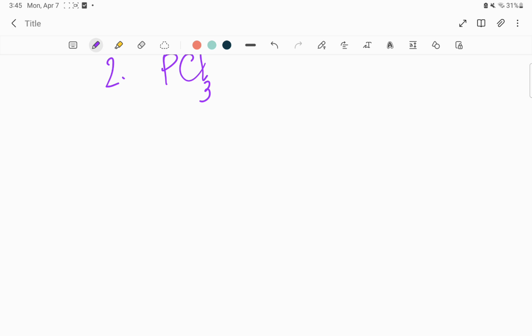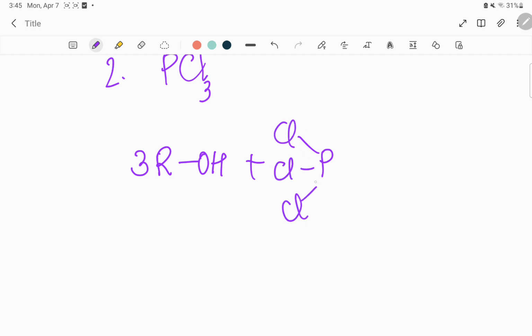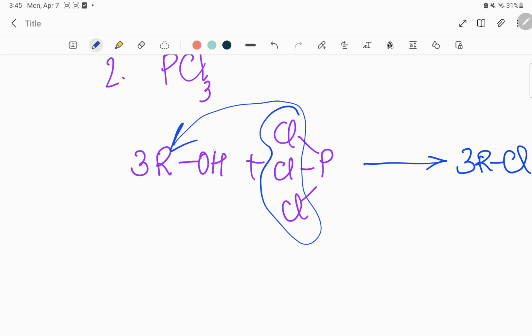So if I have 3 alcohols and if I'm adding phosphorus trichloride, then you will be able to see that 3 molecules of haloalkane will be produced, and the byproduct will be H3PO3. H3PO3 is known as phosphorus acid. Phosphorus acid is the byproduct, and you can effectively produce a large number of haloalkanes from this method.